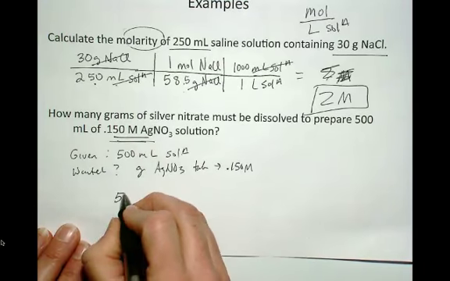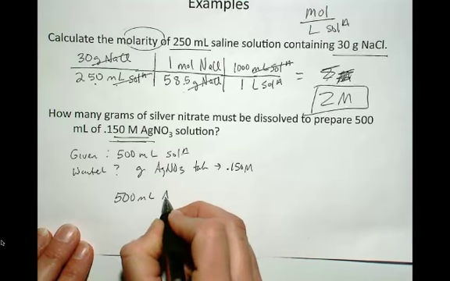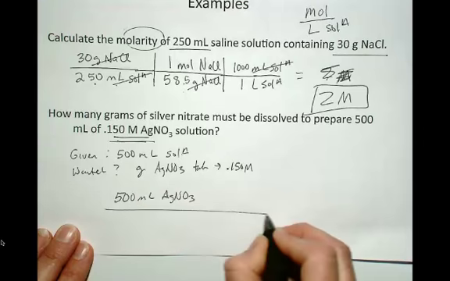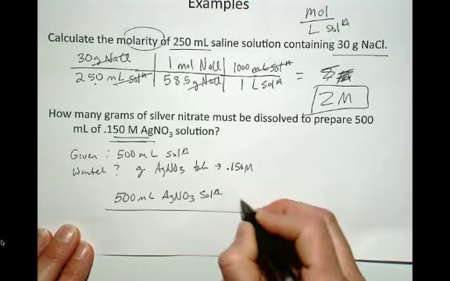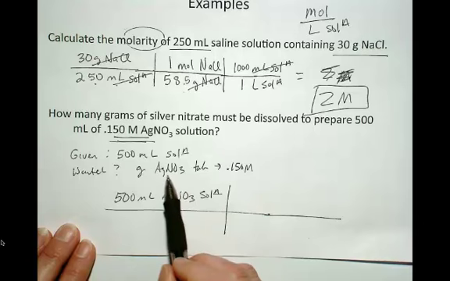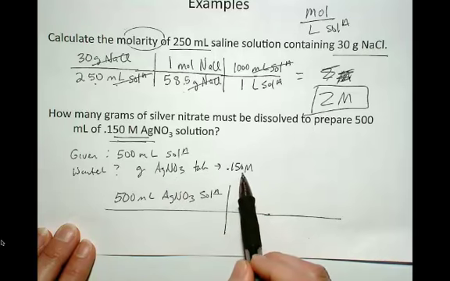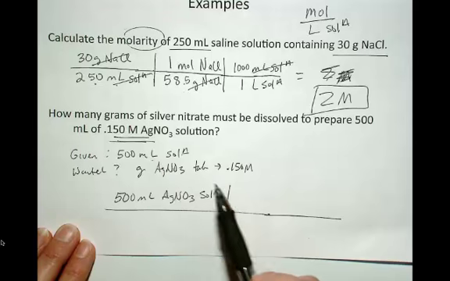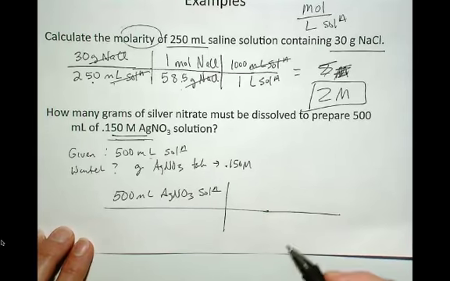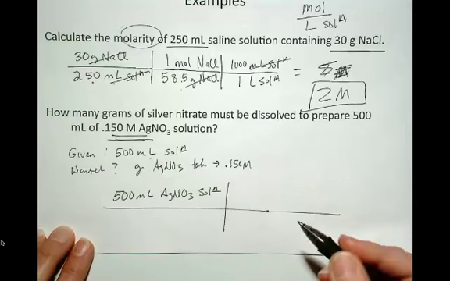If you start with what's given, 500 milliliters of the silver nitrate solution, and you want to figure out, if I have a 0.150 molar, then how many moles would be in that 500 milliliters, and then I can figure out how many grams I need to put in there to get that concentration.